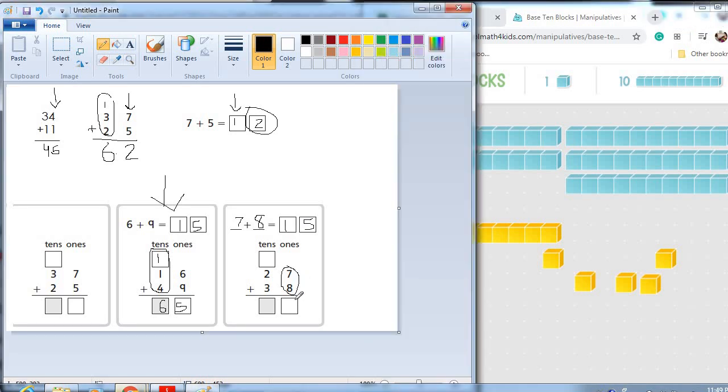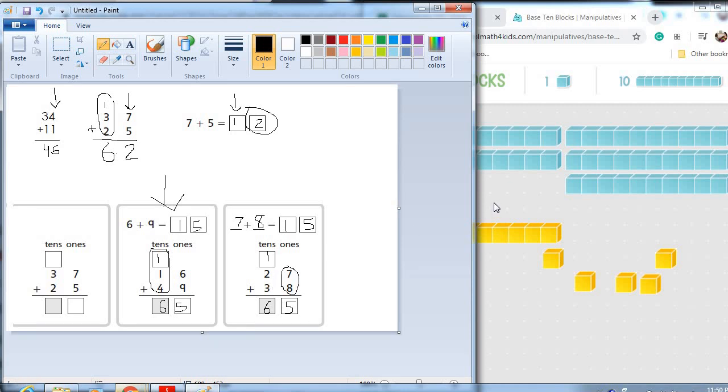I'm going to write my 5 in the ones column and my tens number in the tens column. Then I add them all together. 3, 4, 5, 6. All right. So I see this is 65.